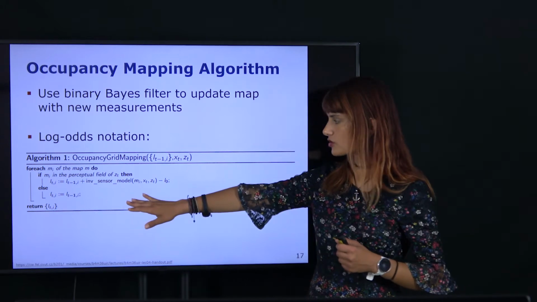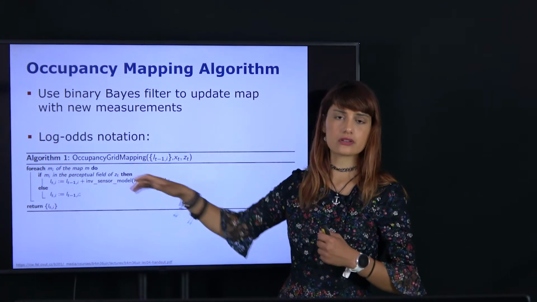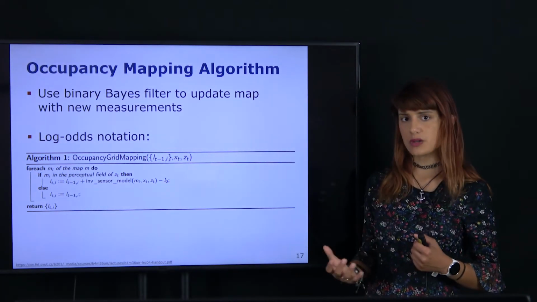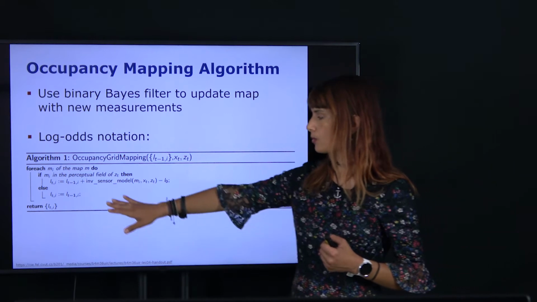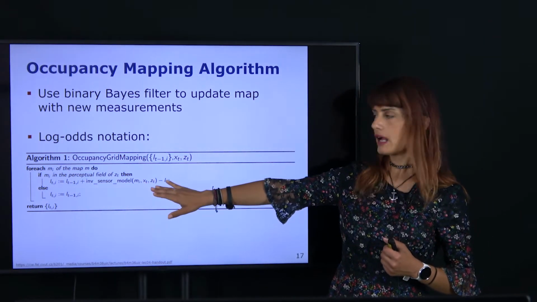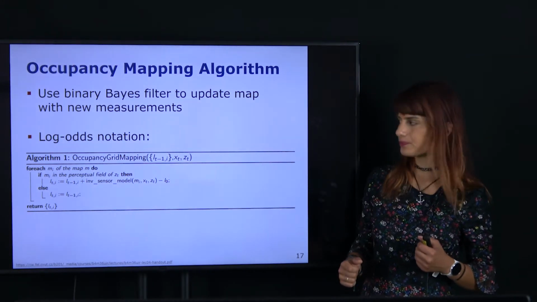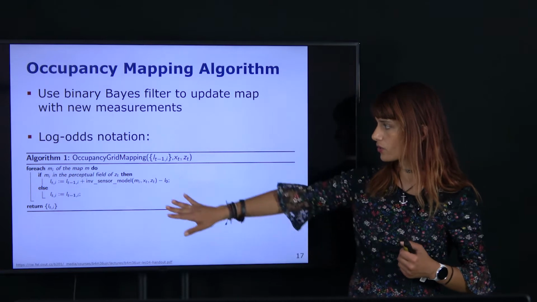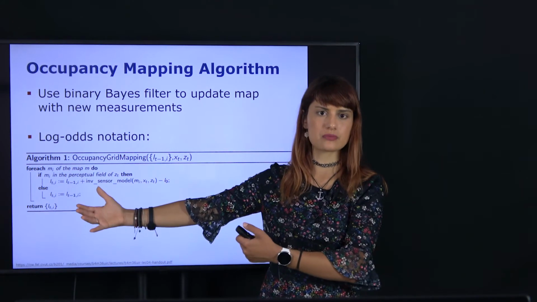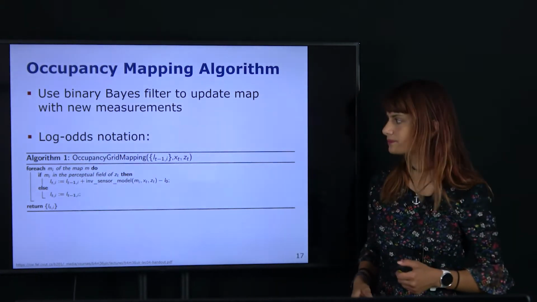So in this pseudocode, if a cell lies in the perceptual field of the robot, so if it was observed by the robot at a particular measurement location, all we have to do is sum the new measurement based on an inverse sensor model and subtract a prior value if we have any information about it. And important to note is that this update only happens in the cells that were actually registered by the sensor, or in other words, in its perceptual field.